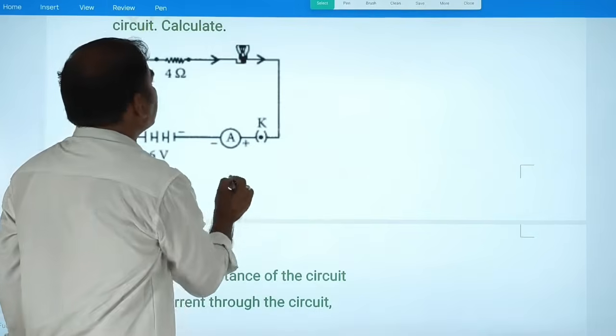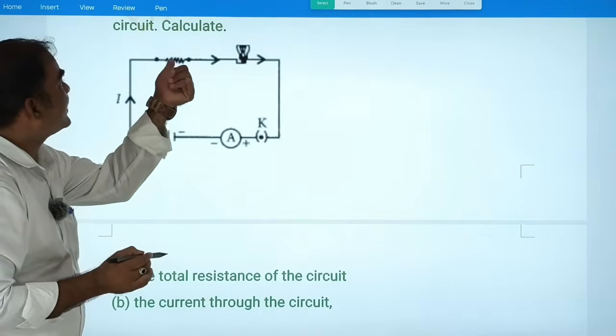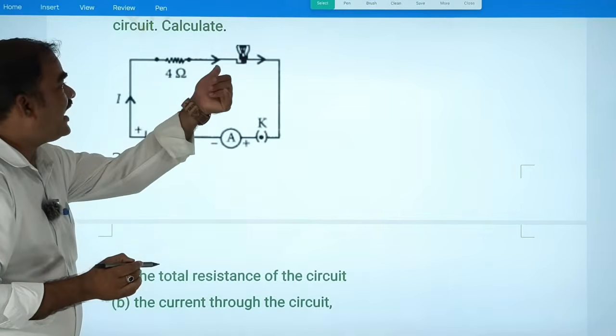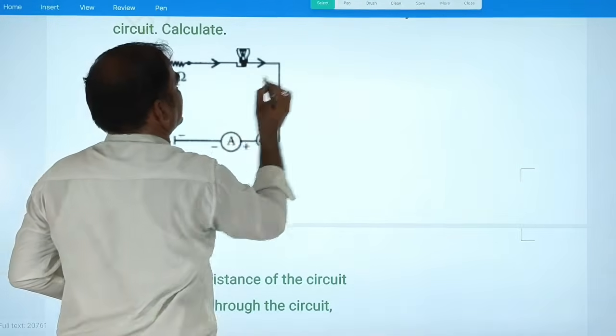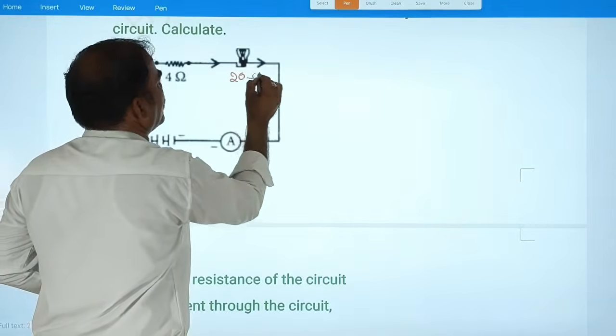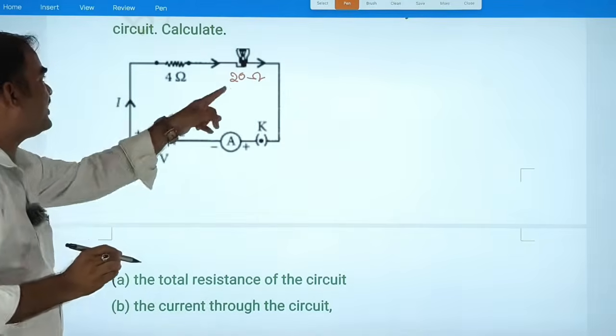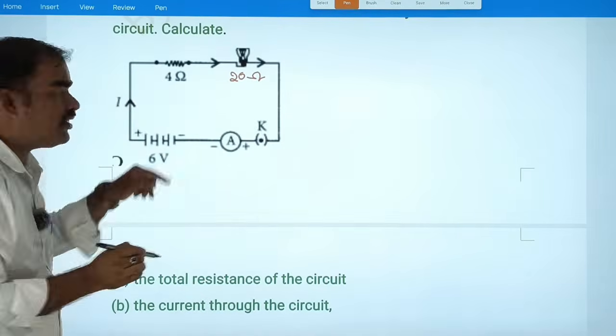For the total resistance, you can see here the resistance of 4 ohm is there and the bulb of 20 ohm is there. The bulb is of 20 ohm and the resistance is of 4 ohms.